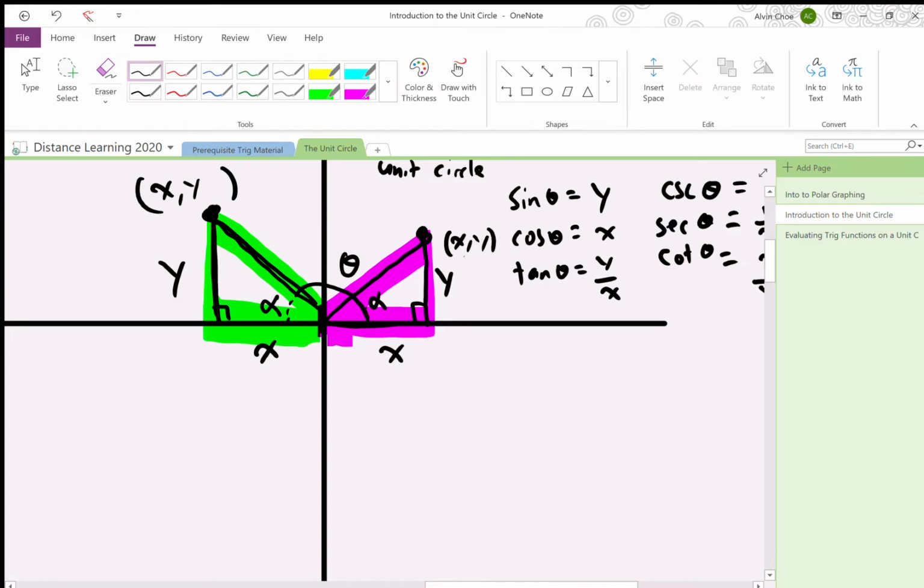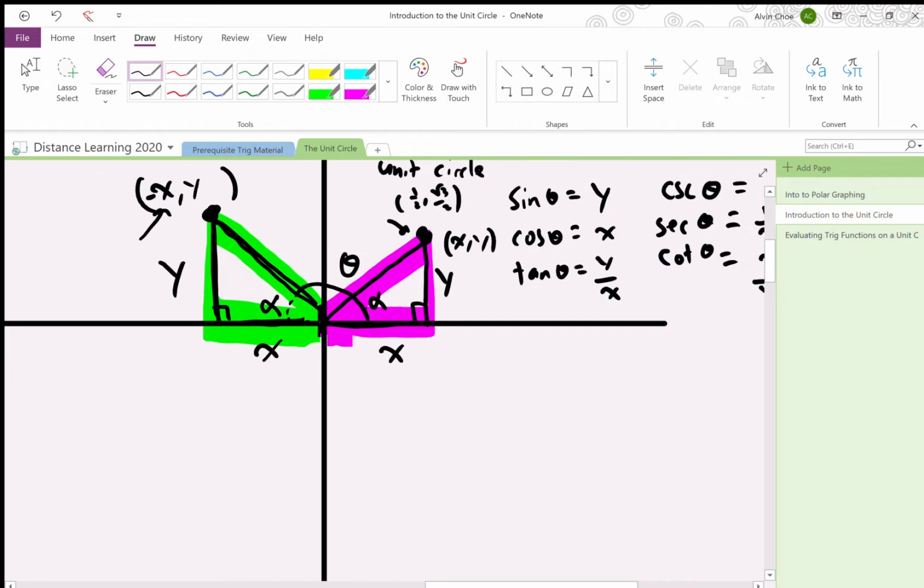That's suggesting that if this coordinate right here was like 1/2 comma root 3 over 2, I'm saying over here it's also positive 1/2 comma root 3 over 2. But that's not possible because the x value over here should be negative. So really on the left side, what you're going to get are negative values. So in quadrant 2, your x values should be negative.